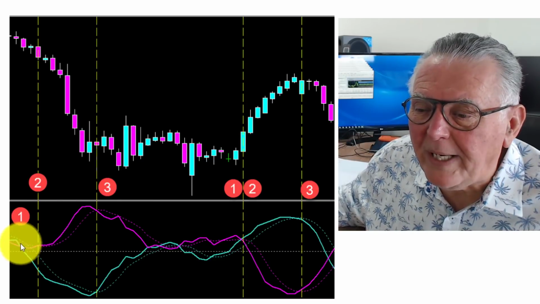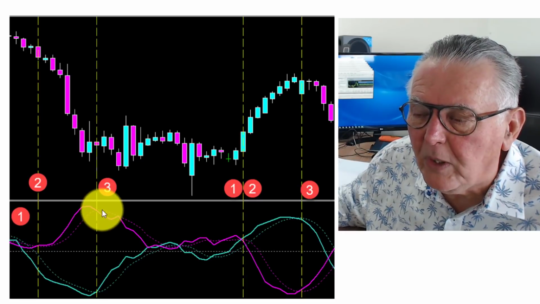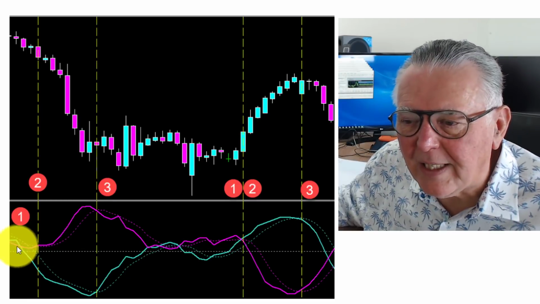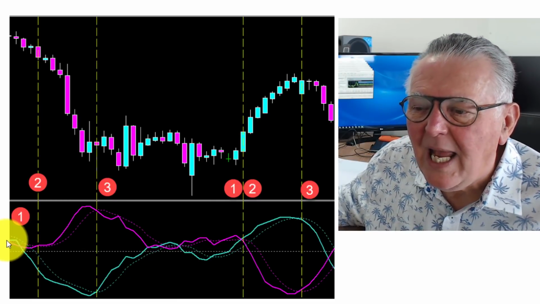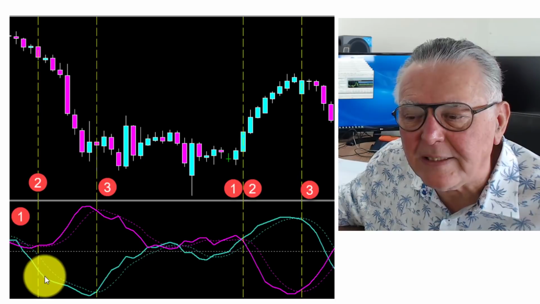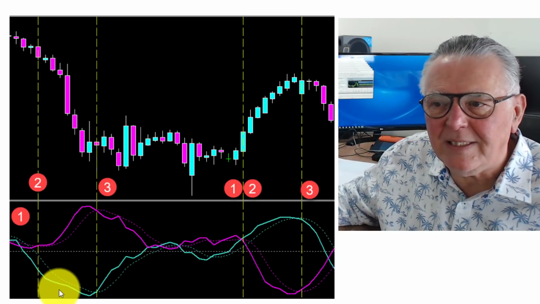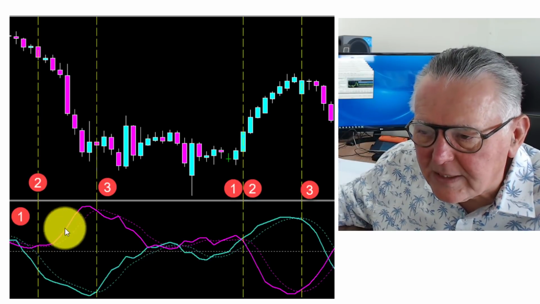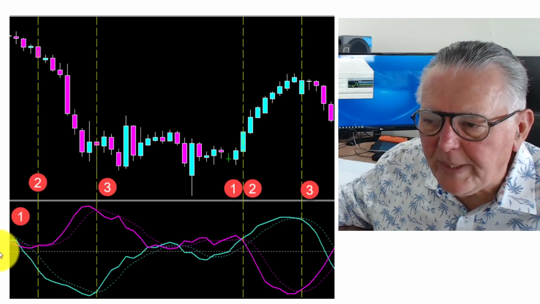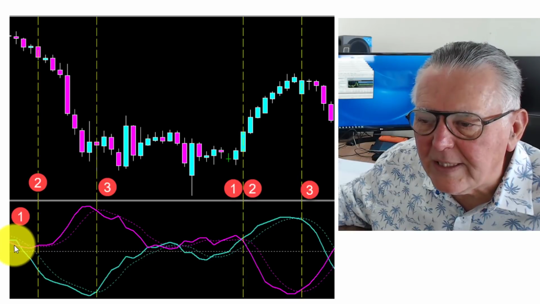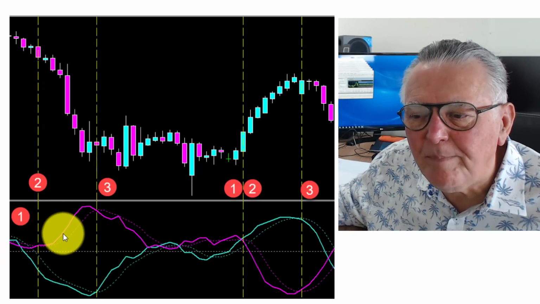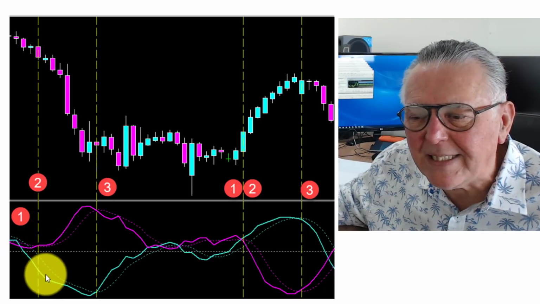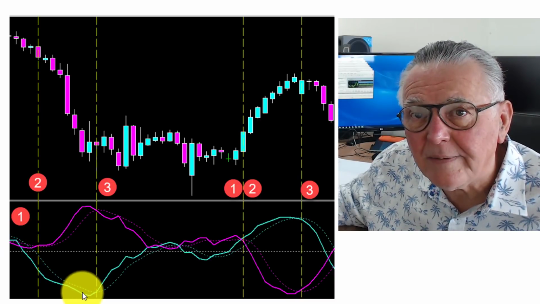All right, so let me explain a couple of things. You see this purple or magenta line represents the quoted currency in this particular case, and the blue line represents the base currency. If we look at this, ignoring the speckled lines for now, it's saying that the quoted currency is strengthening and that the base currency is weakening.